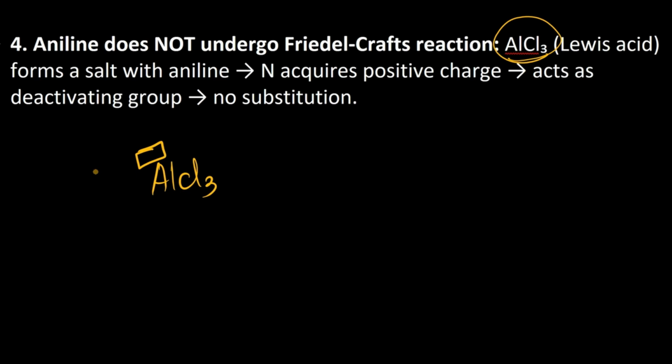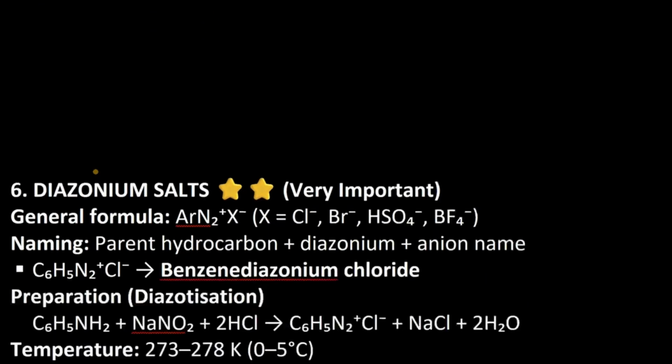So what will happen in amines? That empty orbital will get the electrons from the amine, the NH2 lone pair. So that's why it acts as a deactivating group, and no substitution happens. Just a salt may be formed. There is no substitution as we expected for the Friedel-Crafts reaction.